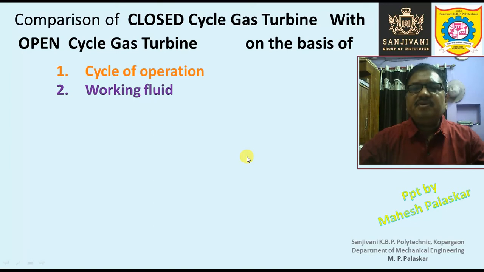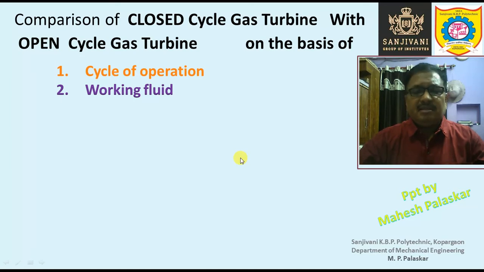But in case of closed cycle gas turbine, we can have a better working substance. We can have a working substance having better thermal properties. So, instead of air, we can have some other working substance like helium, or a mixture of helium and carbon dioxide.